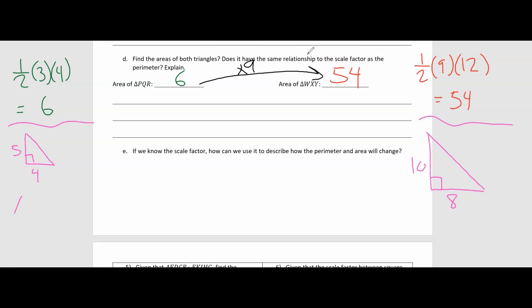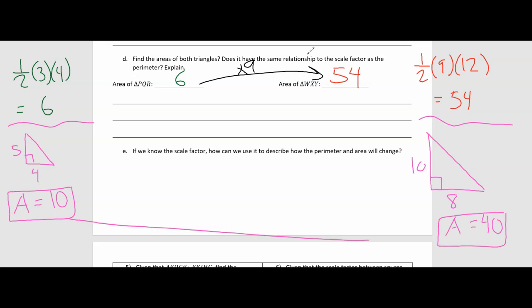Okay, so the area down here, 4 times 5 times 1/2, gives us 10. Area over here, 8 times 10 times 1/2, gives us 40. So here we multiplied by 4. Scale factor was 2.